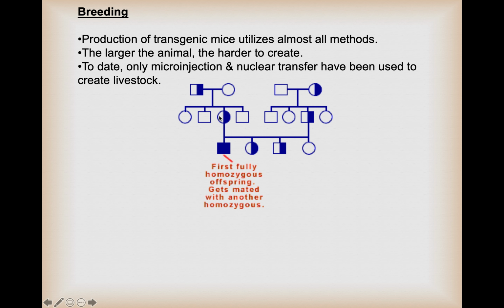So you mate this homozygous offspring with another homozygous transgenic animal, in the hope that, by Mendelian genetics as well, you get 1:1 integration. So at least one first fully homozygous offspring, and of course, usually it doesn't stop there. You need to make sure that it carries both alleles, fully homozygous, to make sure that the gene is stably integrated.